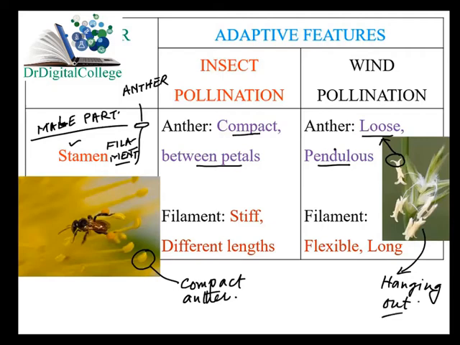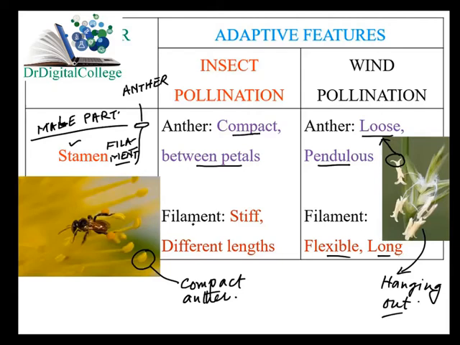So they are pendulous. They are hanging out. Why? So that blowing wind can easily touch it. And their filaments are very flexible and long so that the anther can swing with the flower.